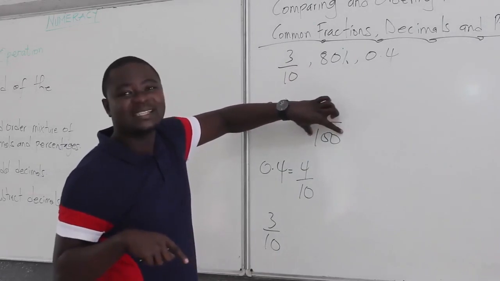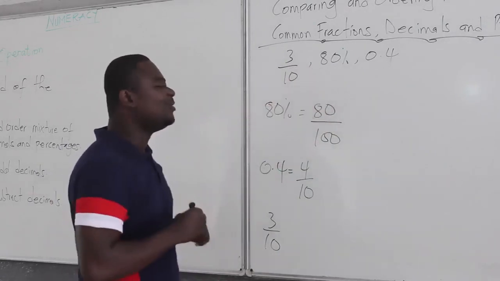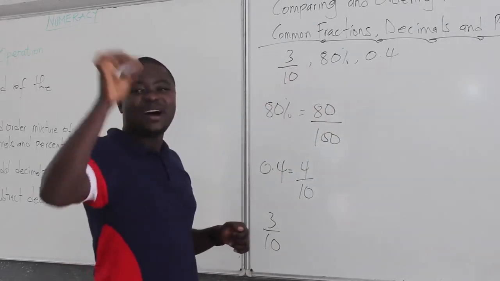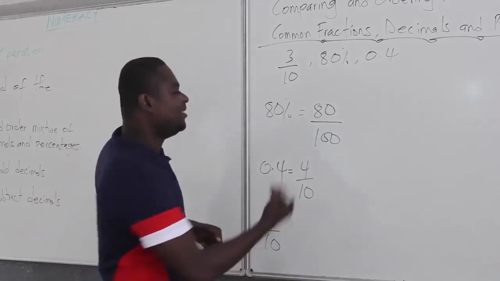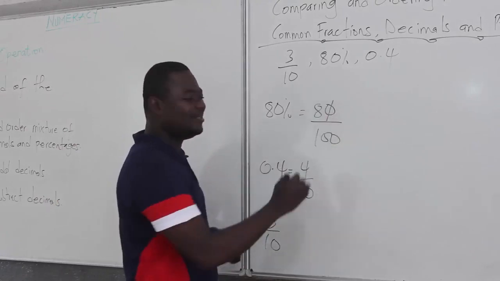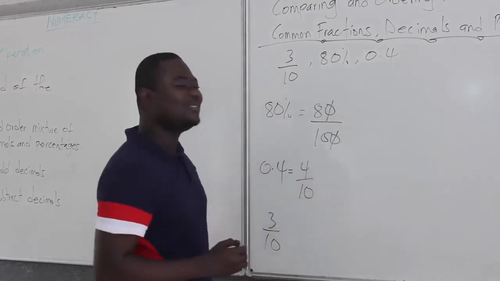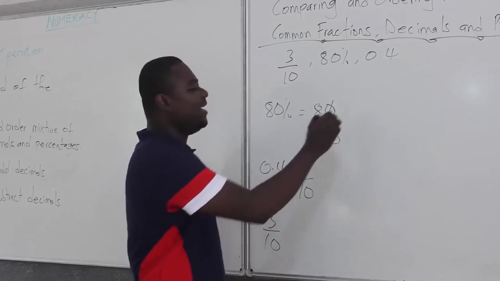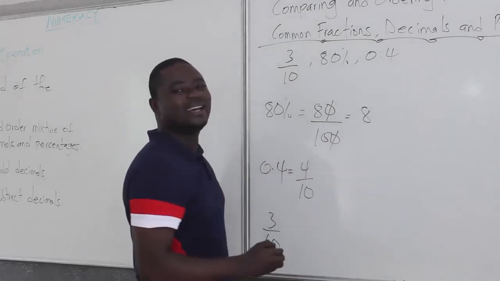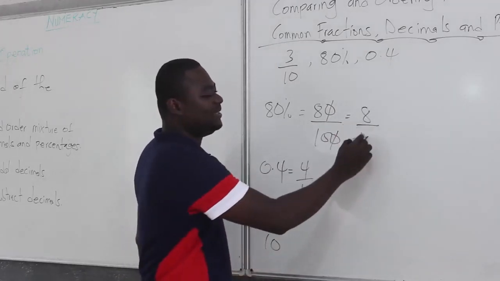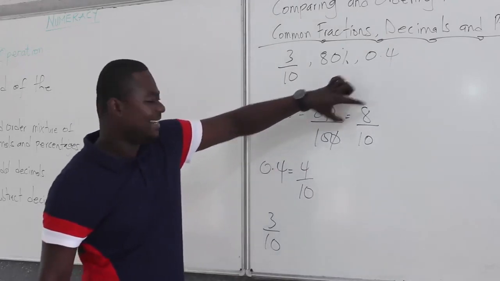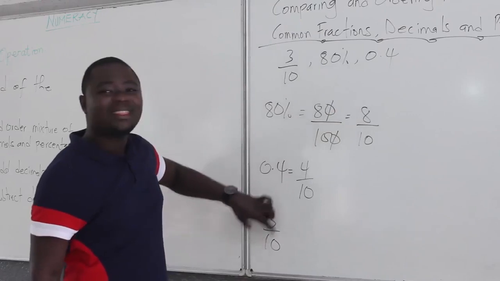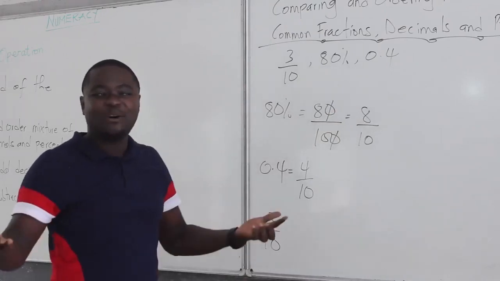The denominator has how many zeros? 2. So we just cancel one 0 from the numerator and another 0 from the denominator. So what are we left with here? We are now left with 8, and the denominator we are left with 10. So we have 8/10, 4/10, 3/10. We can then compare them.